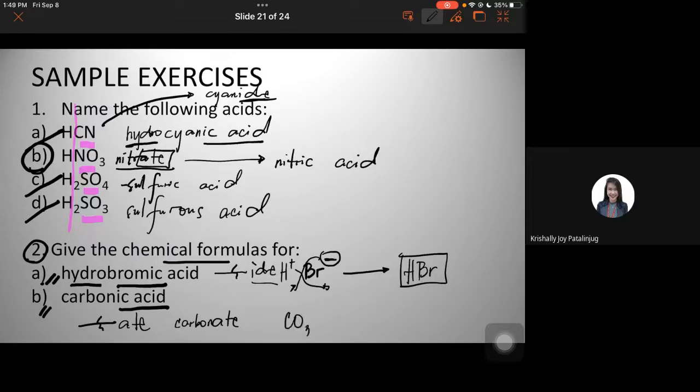Carbonate is CO3, 2 negative. So you add H plus, then the crisscross method. So the correct formula for carbonic acid would be H2CO3.